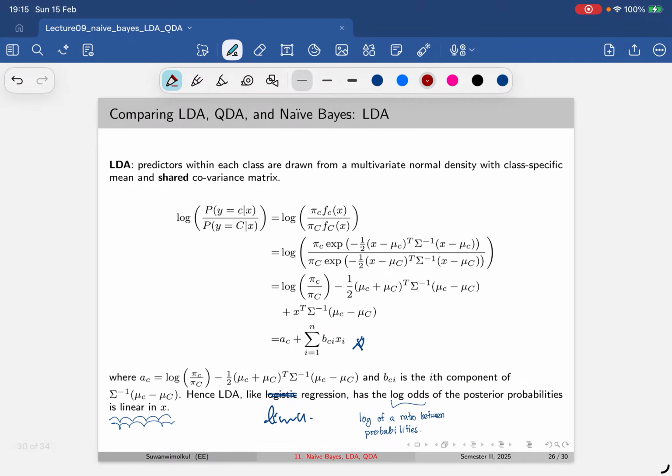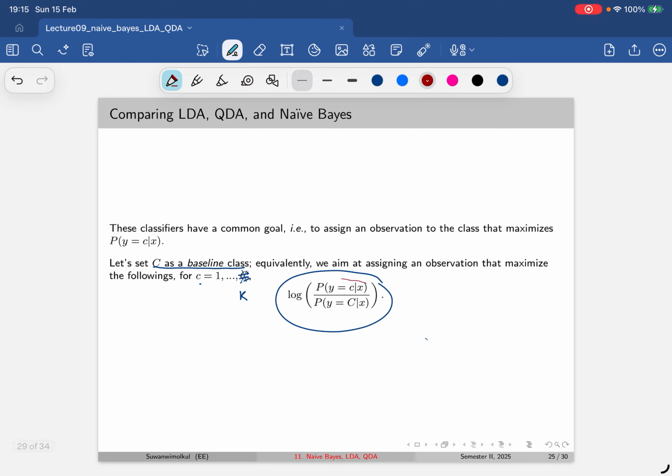The reason I say that is because if you are dividing the probability of one class over the other class, this is simply g_c, g of y equal to c, minus g of y equal to big C. There's a small c and big C, and here they're trying to analyze this quantity. Okay, I'll put it this way, it's equal to this.